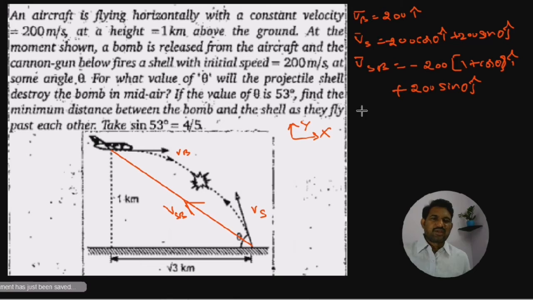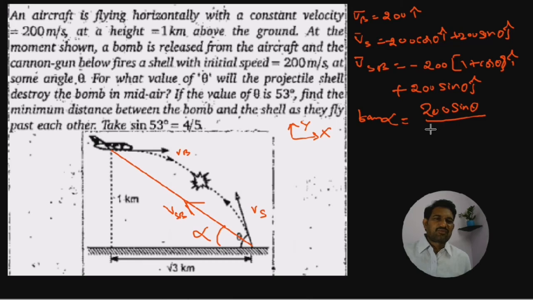Let us find this angle, which I am taking as alpha. Tan alpha is y component by x component, that means 200 sin theta by the mod of the x component, which is 200 into (1 plus cos theta). This tan alpha value you can write using this triangle.